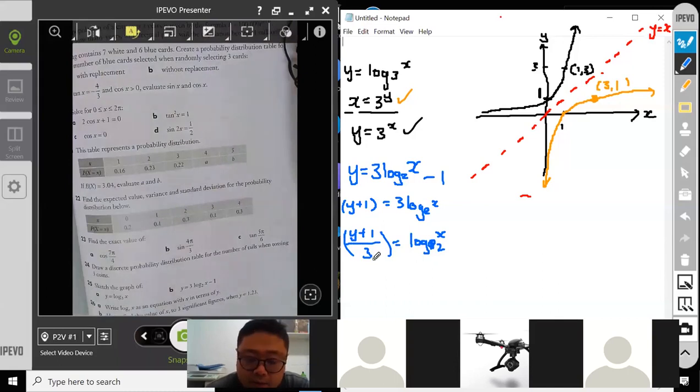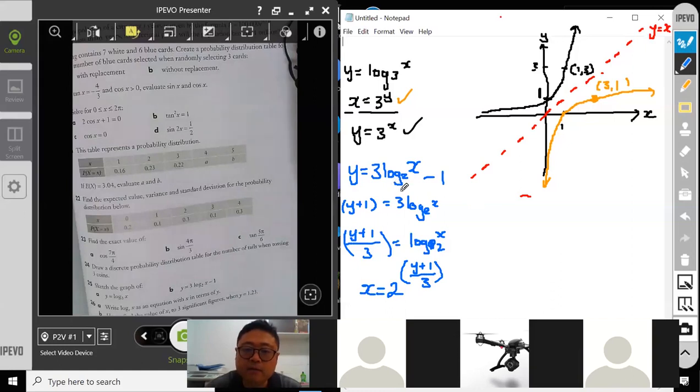So from here it would be x equals 2 to the power of all that on the left. So it'd be x equals 2 to the power of y plus 1 all over 3. Okay, and then we've got to figure out what that all looks like.